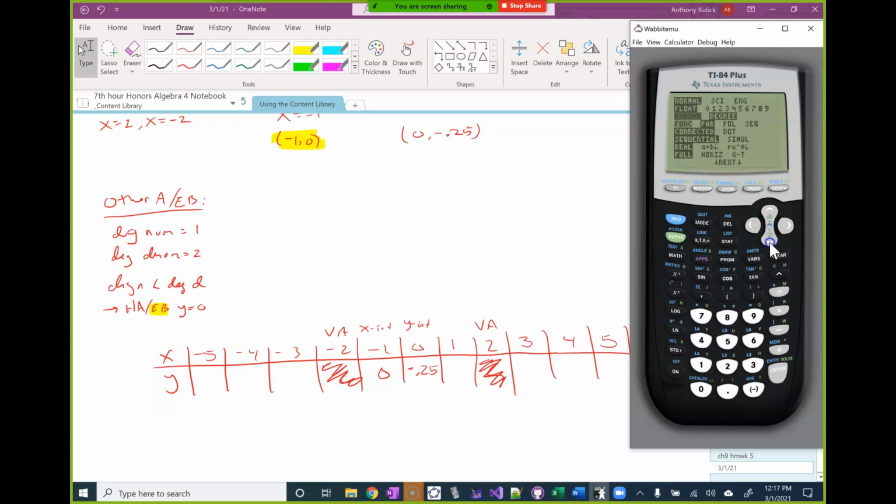So I'm going to just fix my calculator here a little bit. I was using it for a different class and had it in a very different mode than what we're accustomed to doing. So don't mind me until I get it reset in a way that you guys will be familiar with.